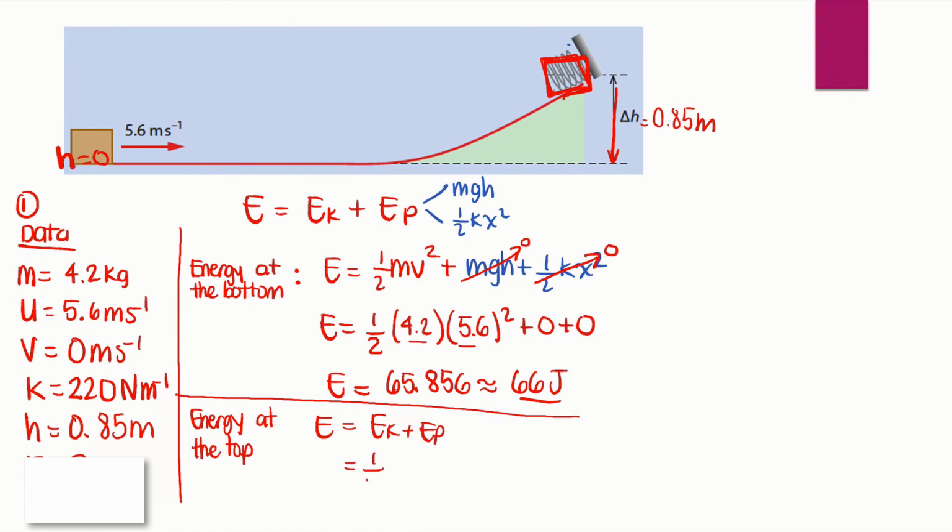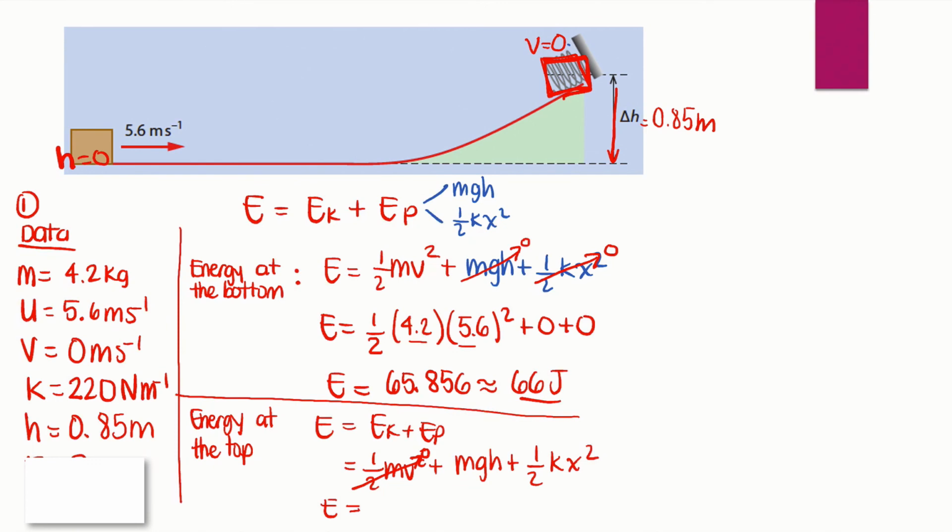And again, kinetic energy is 1/2 of the mass times velocity squared, plus potential energy, mass, gravity, height, plus the elastic potential energy, 1/2 of the spring constant times displacement squared. Now, what happens at this point? The object is going to stop for a moment. So at this point, velocity equals 0. So all this term is going to be 0.